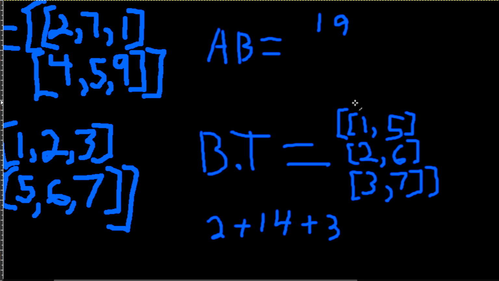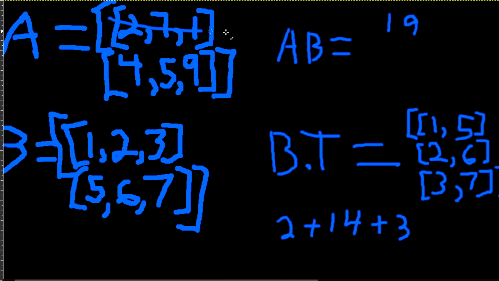So the first element is 19, the first element of the matrix multiplication answer. Next we take the same first row in matrix A and rotate it to the right again and multiply it with the next column. If you notice the pattern, complete this row first with all of these. This is rotated to the right and multiplied with this column. Then that same thing is rotated to the right and multiplied with the next column. And you do that for however many columns there are.